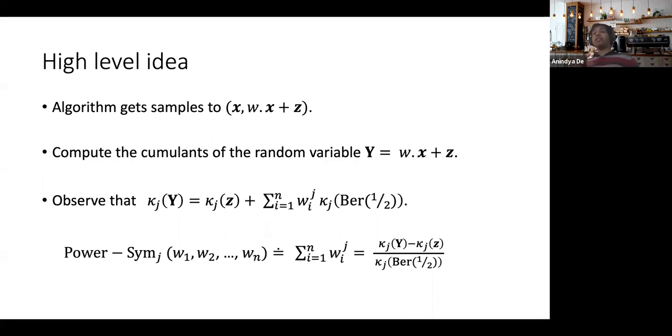But w dot x is nothing but summation wi xi, where each xi is a Bernoulli half random variable: probability half of 1, probability half of -1. Again applying linearity and homogeneity, the rest of the term is summation i equals 1 to n, wi raised to the jth power, times the jth cumulant of the Bernoulli half random variable. By Bernoulli half, I just mean the unbiased plus or minus 1 random variable.